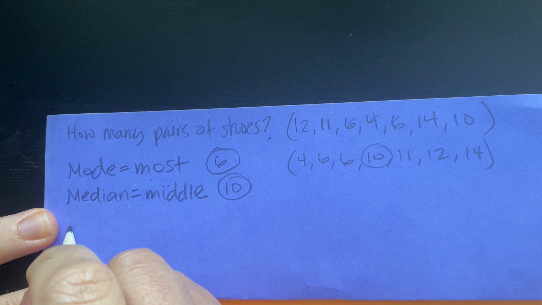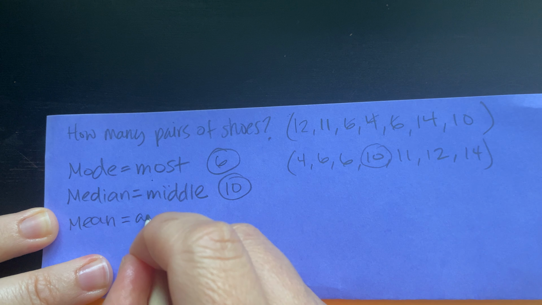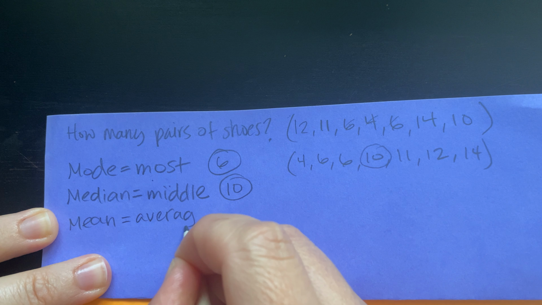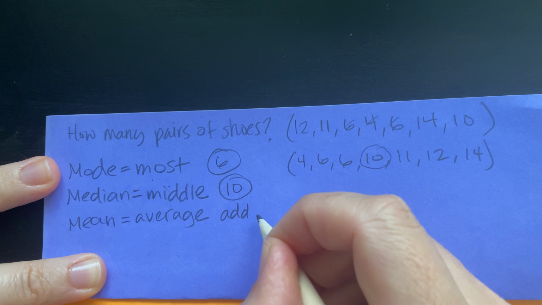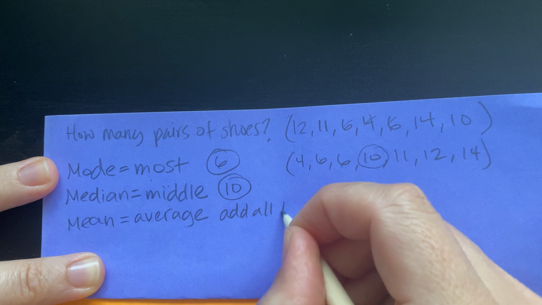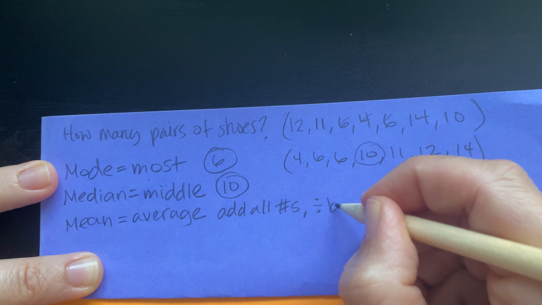Let's talk about mean. Mean is just another word for average. And to find average, we add all the numbers up, and then divide by how many there are.